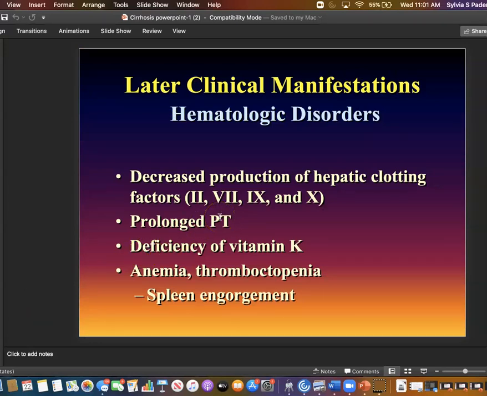Hematologic disorders include decreased production of hepatic clotting factors, prolonged PT like I was mentioning. There's a deficiency of vitamin K, and then as a result anemia and thrombocytopenia with spleen engorgement.